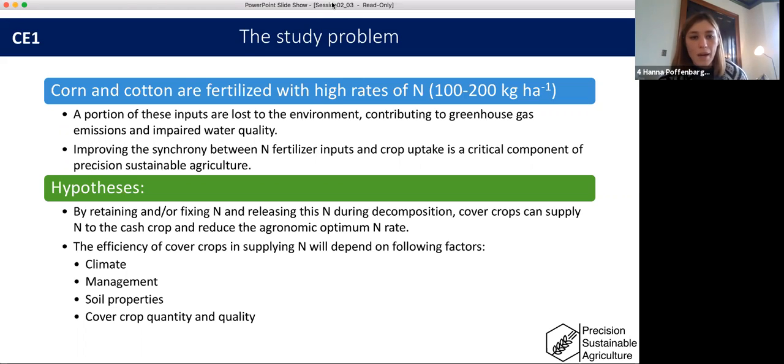And we hypothesized that the ability of those cover crops to substitute for fertilizer inputs will depend on climate, management, soil properties, and cover crop characteristics like quantity and quality.